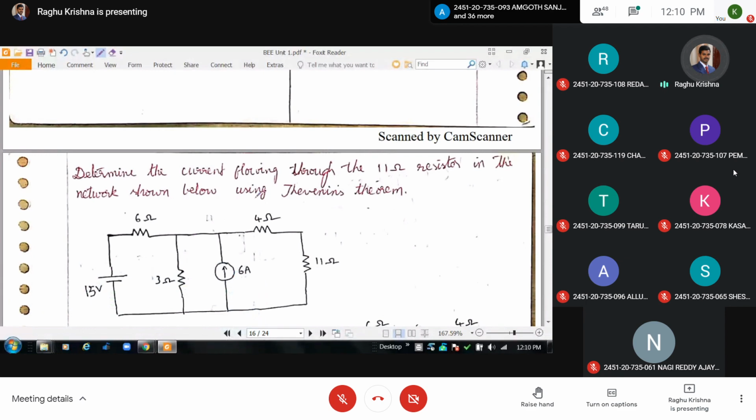So determine the current flowing through 11 ohm resistor in the network shown below using Thevenin's theorem. Here you have a voltage source and a current source, and you have to find the current flowing through 11 ohms.